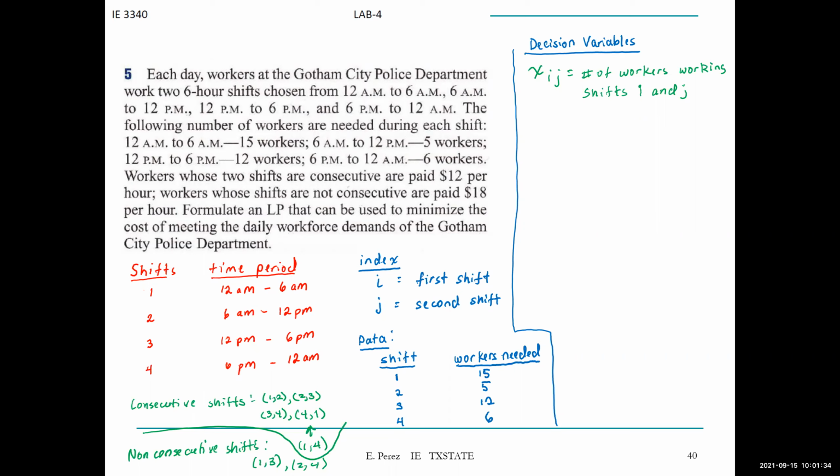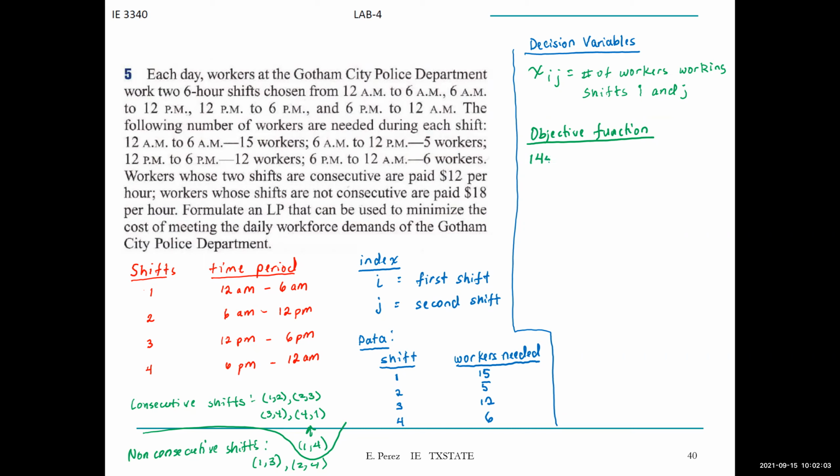My objective function is going to use the information about the cost. If you are working consecutive shifts, then you're working 12 hours and you're paid $12 an hour. So 12 times 12 is 144.